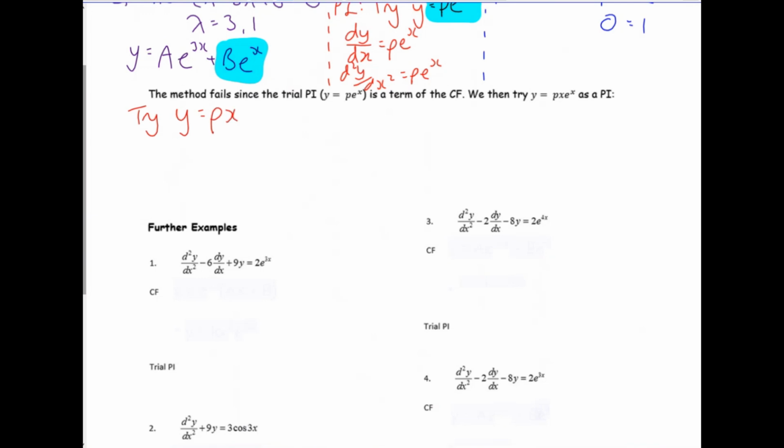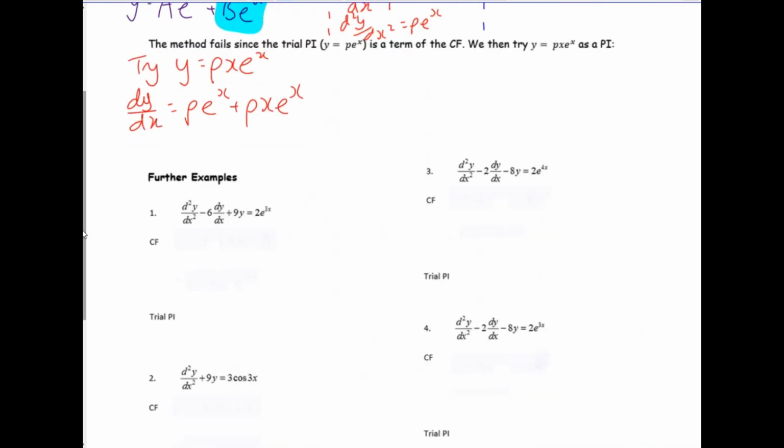y equals p x e to the x. It's a bit more annoying because we've got to use the product rule to differentiate this. So differentiating px e to the x is p times e to the x plus px times e to the x, since differentiating e to the x stays as e to the x. So it gives you dy by dx.